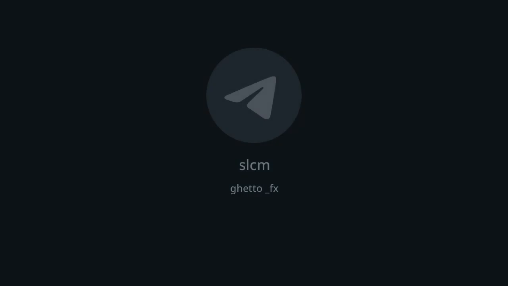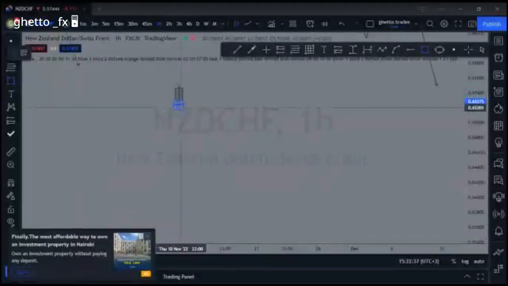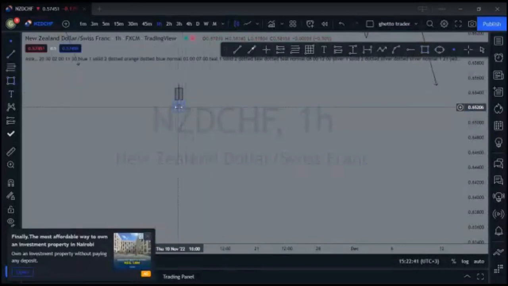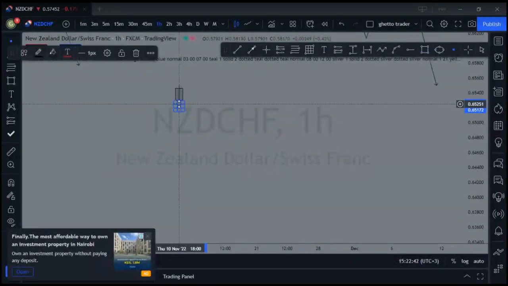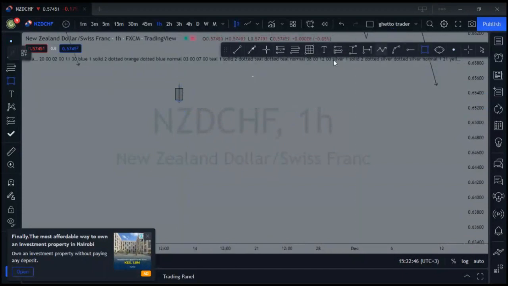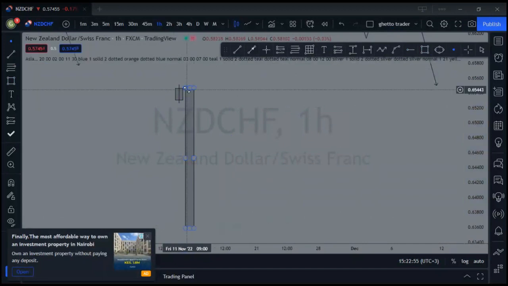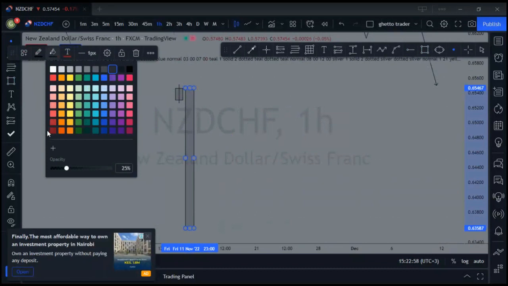Then this is our engulfing candlestick. So that's how. Now let me put this one in a different color so it can look different from the others.